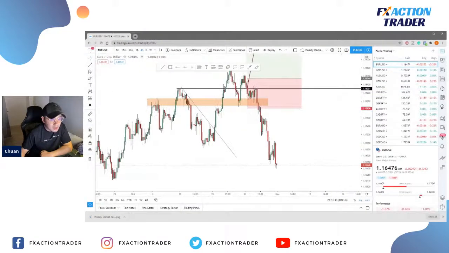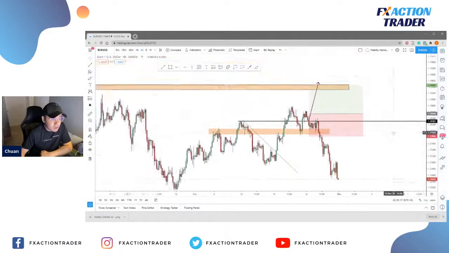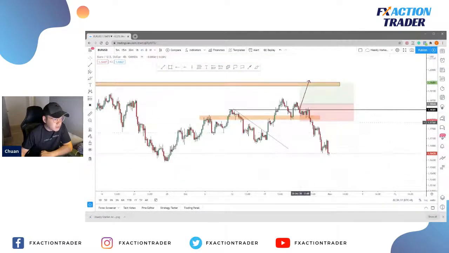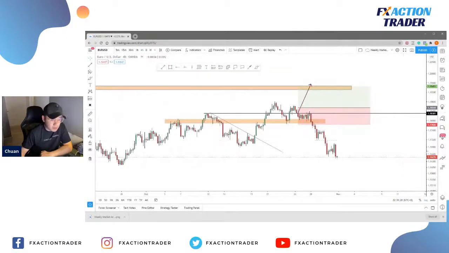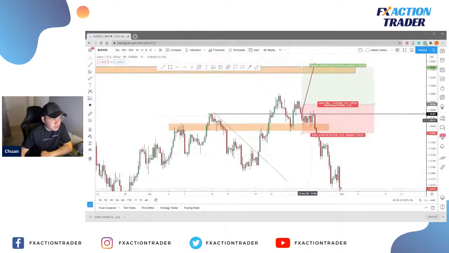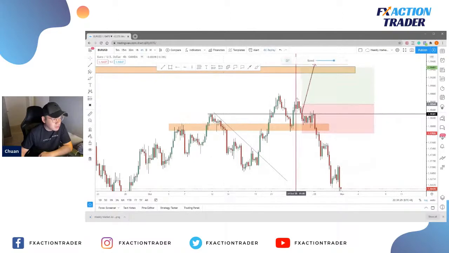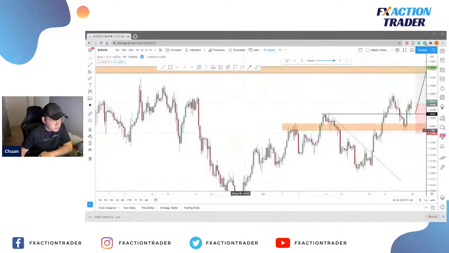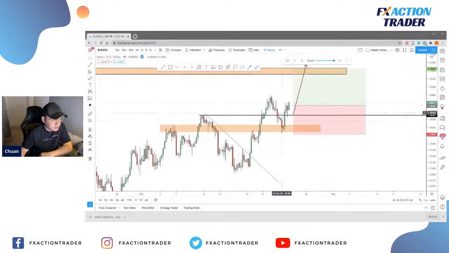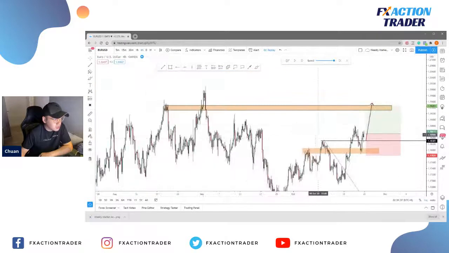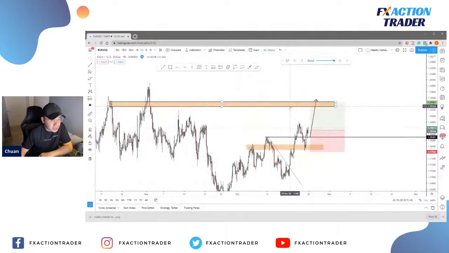So last week, I was expecting a buy trade for this euro dollar, because the market had broken the previous high, pulled back to the neckline, and this support area got rejected. I was expecting the market to reach the next resistance level at 1.19294.